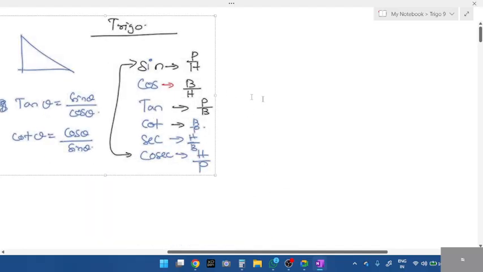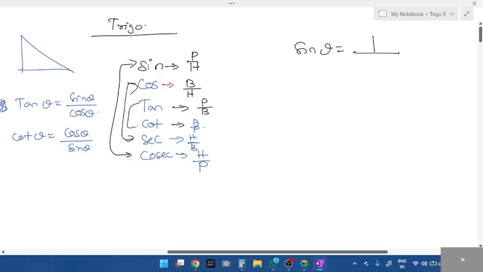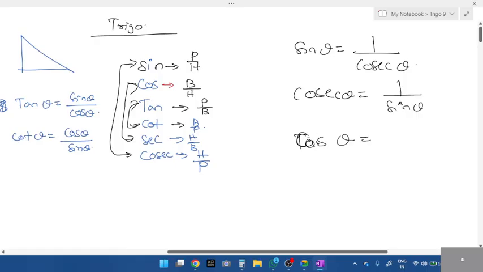Now, based on the reciprocal relation. What is the reciprocal relation? Sin theta is equal to 1 by cosec theta, or cosec theta is equal to 1 by sin theta. Cos theta is equal to 1 by sec theta.